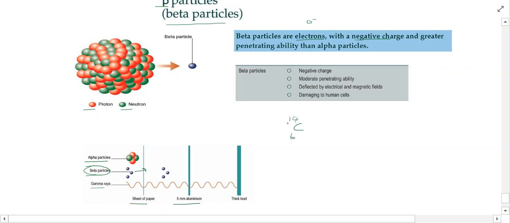This is an isotope of carbon. 14 represents the mass number and 6 represents the number of protons. The mass is made up of neutrons and protons, and the atomic number, which is 6 in this case, is the number of protons that are present.